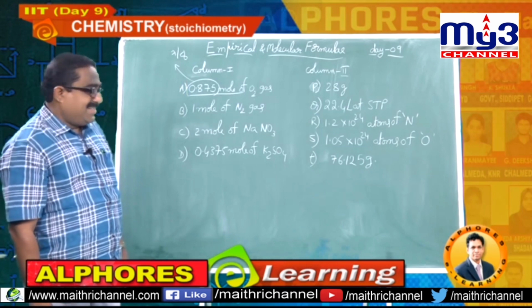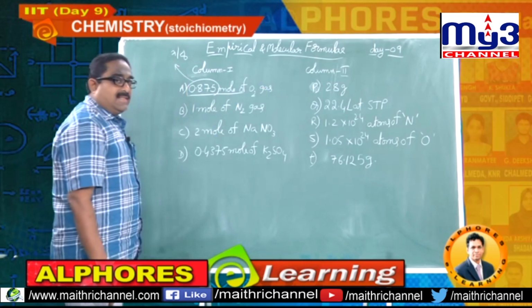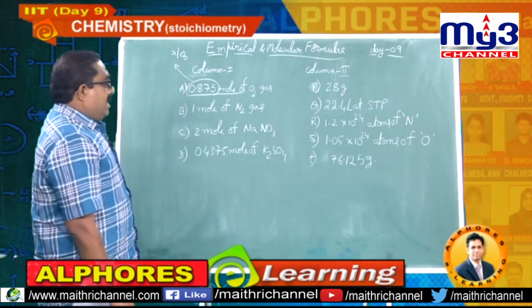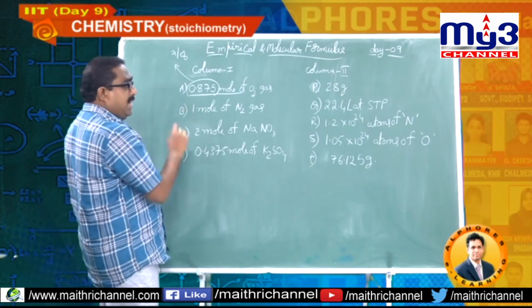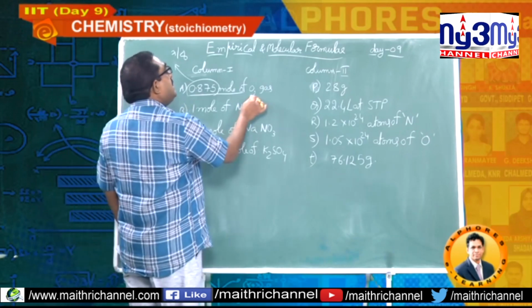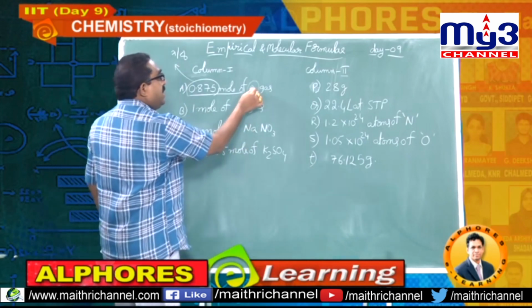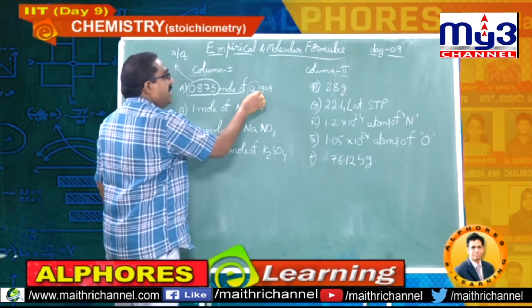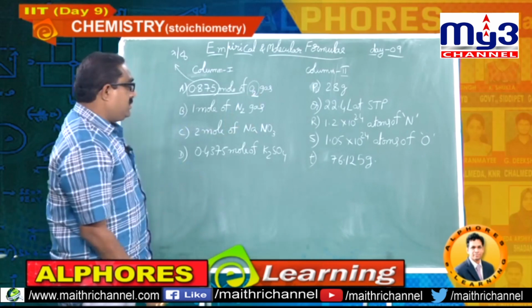It means 7 by 8 moles of oxygen gas. From that, what can we calculate? Each mole of oxygen contains 2 moles of oxygen atoms, because O2 is the molecular formula of oxygen.